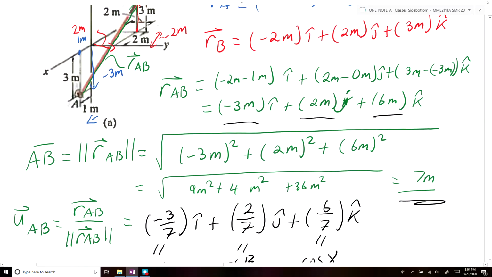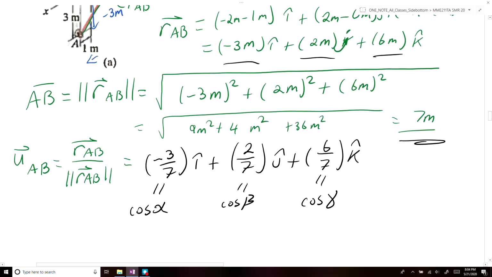Once we had our position vector in terms of Cartesian coordinates, we could take the square root of the sum of the squares to calculate its overall magnitude. Then we took our position vector and divided by that magnitude to get our unit vector. And our unit vector is defined as the direction from point A to point B.